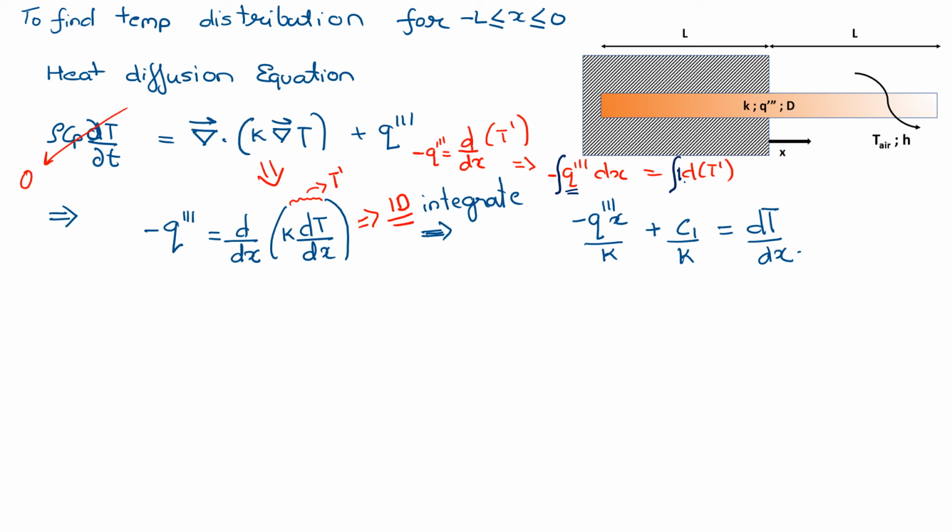So let me write that down again. So this equation will be minus q triple prime into x plus a constant of integration c1, equals t prime, and t prime is nothing but your k times dt by dx.